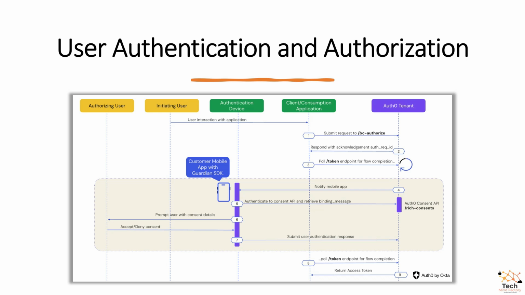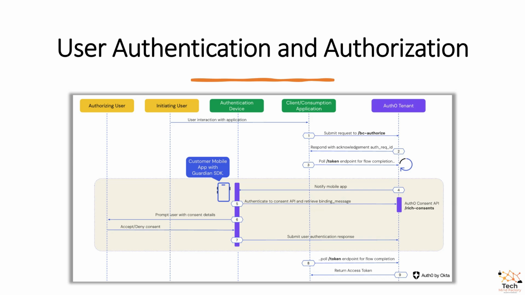So the important thing is that in this specific scenario, we have this decoupled authentication and authorization. We have our mobile application integrated with the Auth0 Guardian SDK, and we have some kind of application. So as we can see, the user interacts with the application.